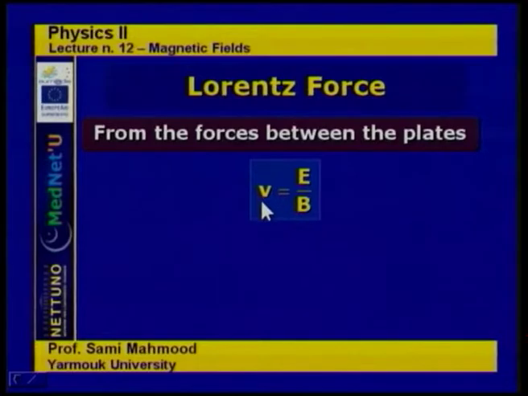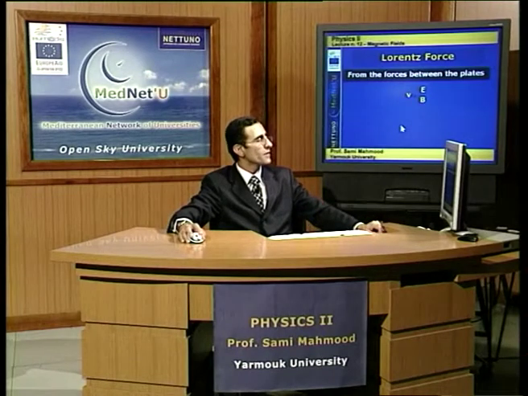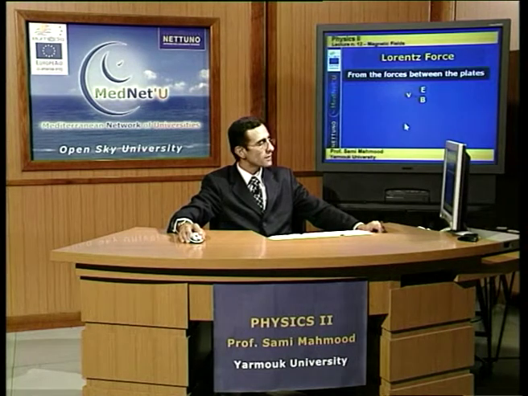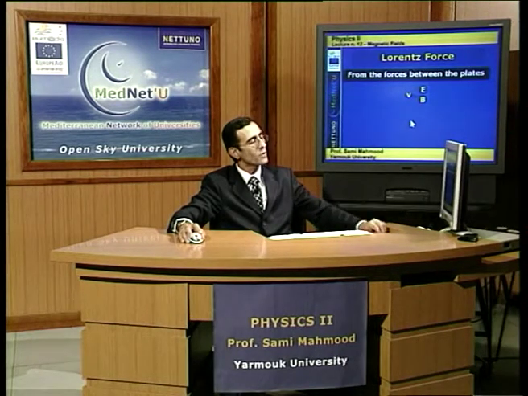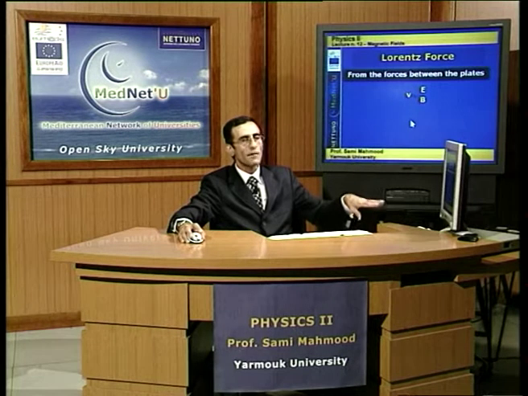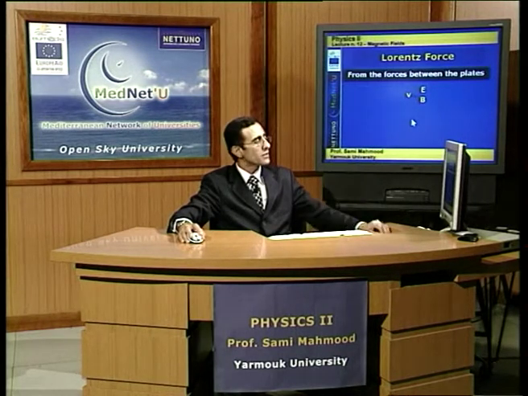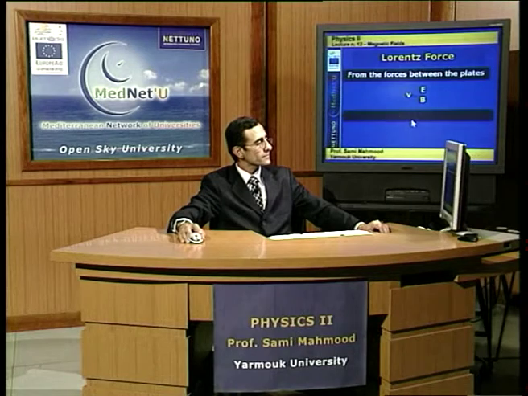That way we know the velocity of the particle that is emerging from the velocity selector. That's why we call it velocity selector, because setting E and B will give you the right velocity.